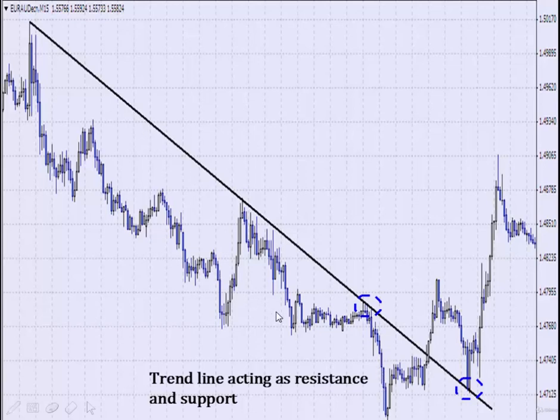We have the trend line acting as resistance, and we also have the tweezer top candlestick pattern, and the market fell. Here we have a break of the downtrend line. The market falls to the backside of the trend line, finds support, and begins to rally. Okay, so always remember, trend lines can act as both resistance and support.